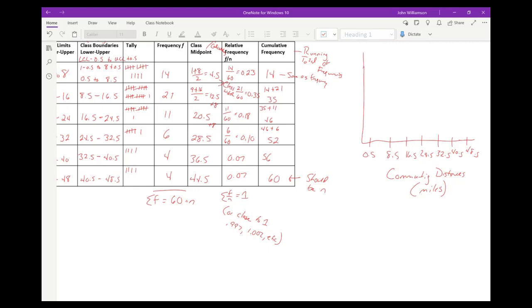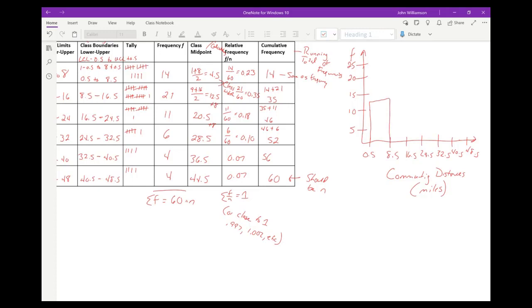And then your frequencies go along the vertical axis. For your vertical axis label, frequency is an acceptable axis label. And so we go up from there. I'm just going to count these off by fives. So 5, 10, 15, 20, 25. And then you're just drawing the bars for each of those classes.